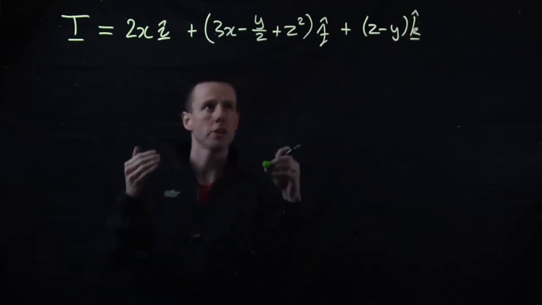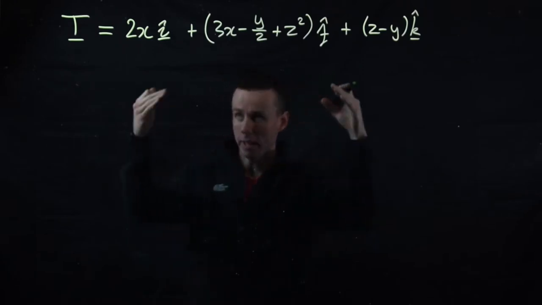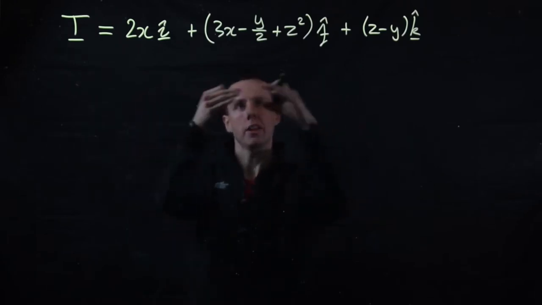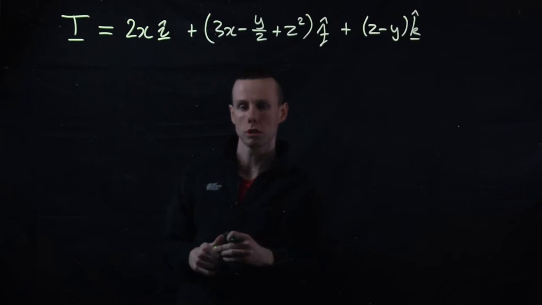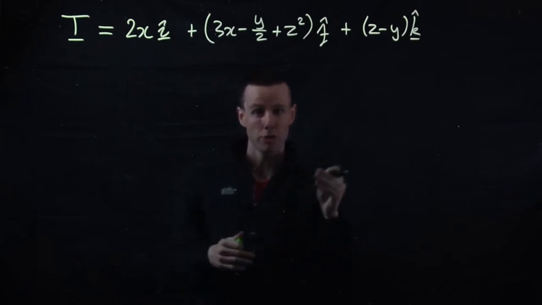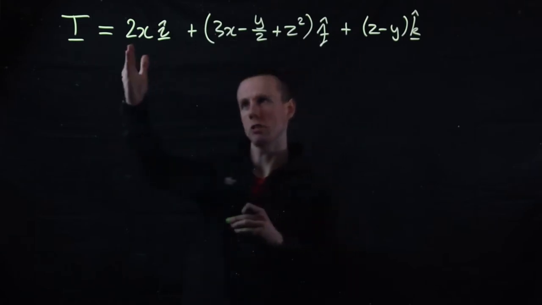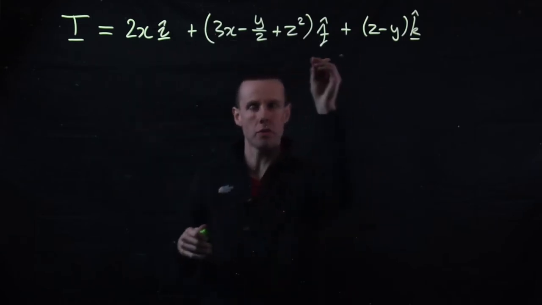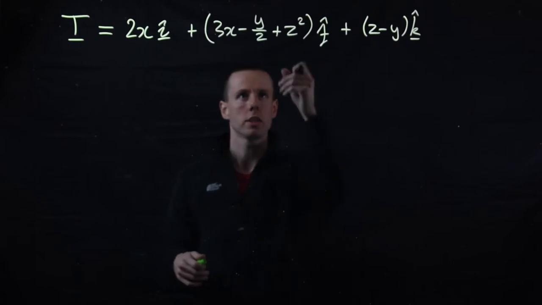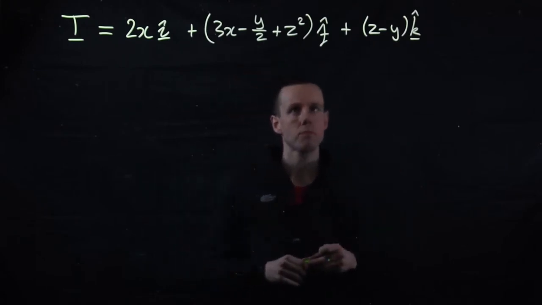Okay, so just a familiar vector field in 3-dimensional Cartesian coordinates. And the word field here means this vector is a function of position. So at each point in 3D space, this formula gives you a vector.